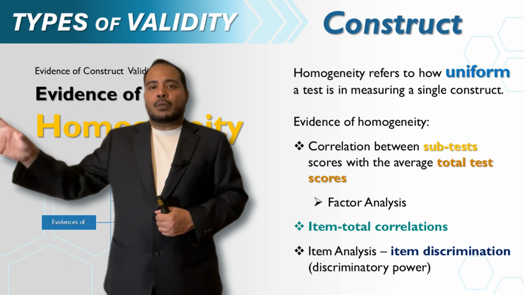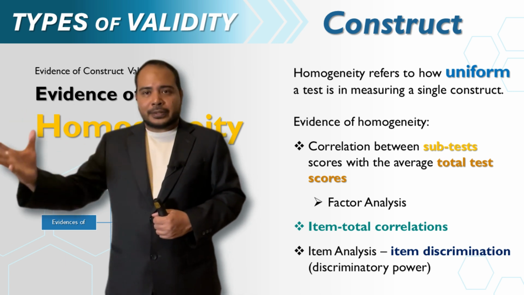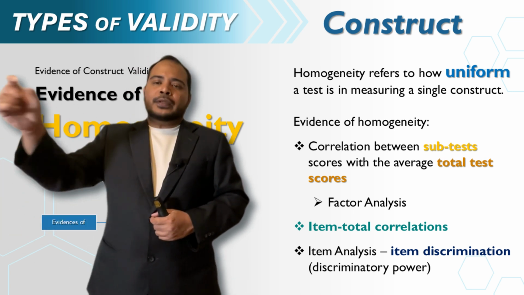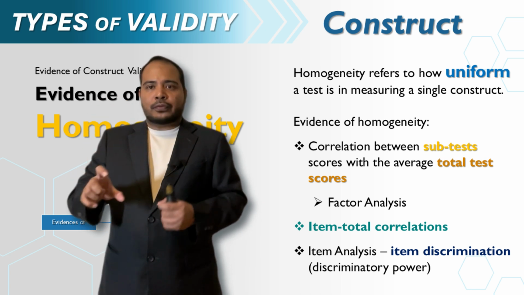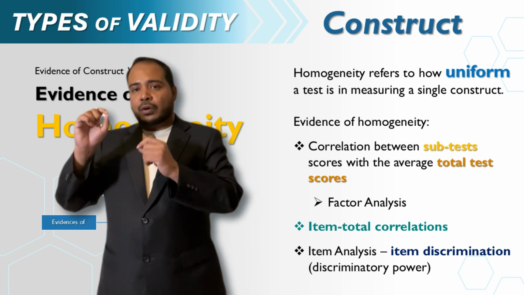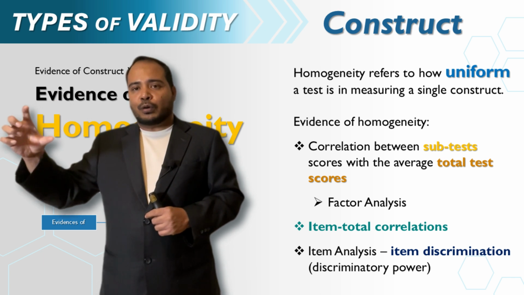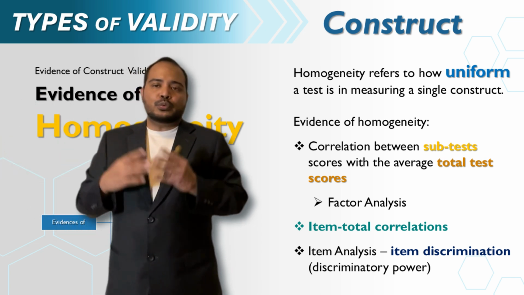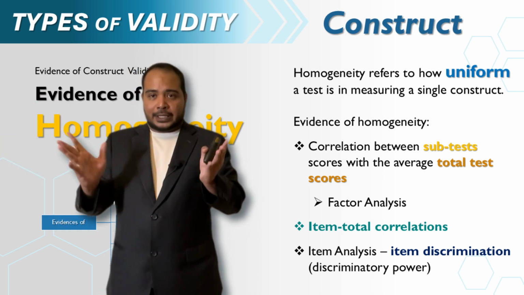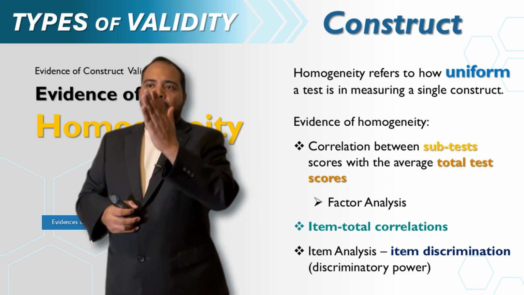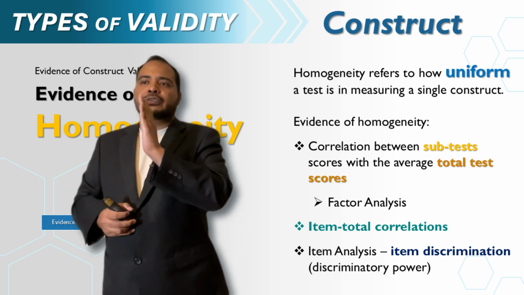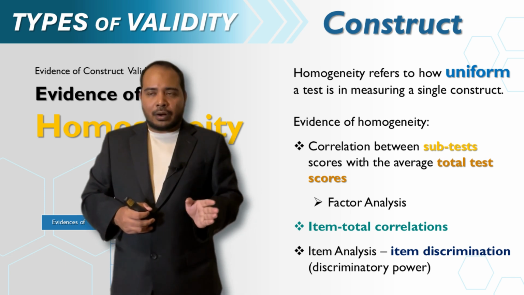All these components can be summed up, they can be totaled up. So the total score of component A, component B, and component C, if you total them up, you will get the total score of the whole test. So what is meant by correlation between subtest score with the average of total test score?